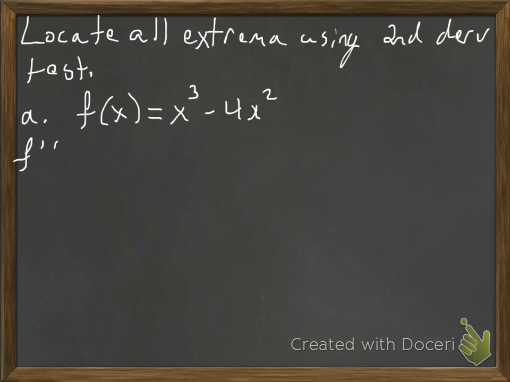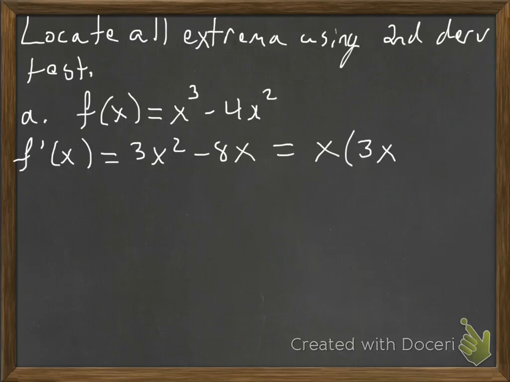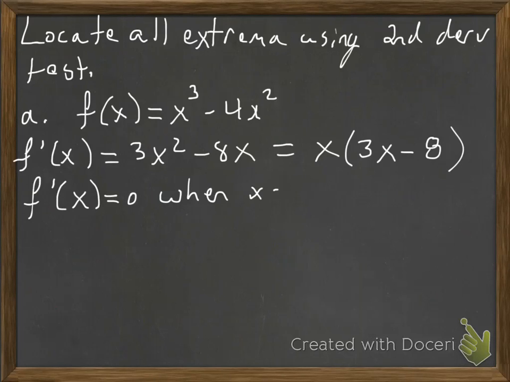We used this in the concavity example in another video. So take the first derivative, 3x squared minus 8x, and set that equal to 0. We'll factor out an x, so we get two places where the first derivative is equal to 0: x is equal to 0, or x is equal to 8/3.